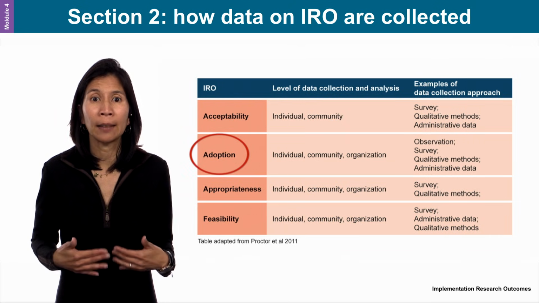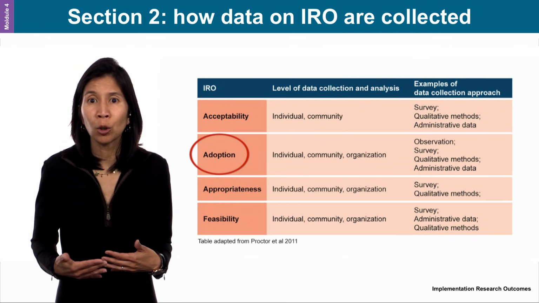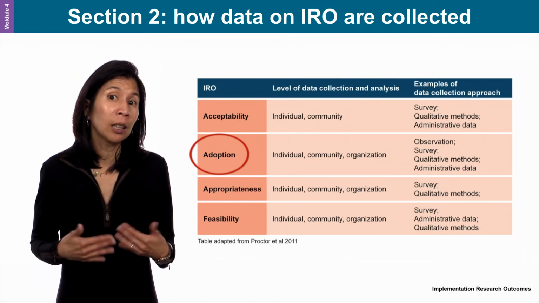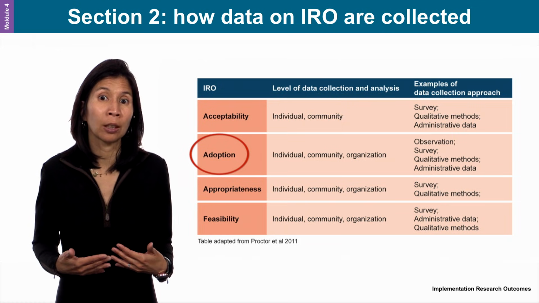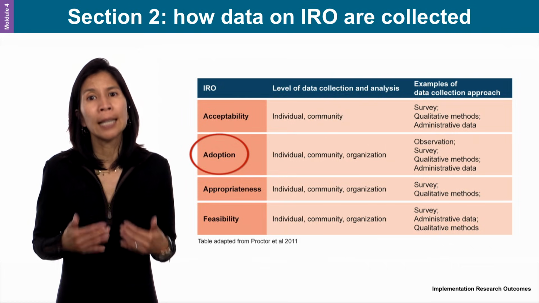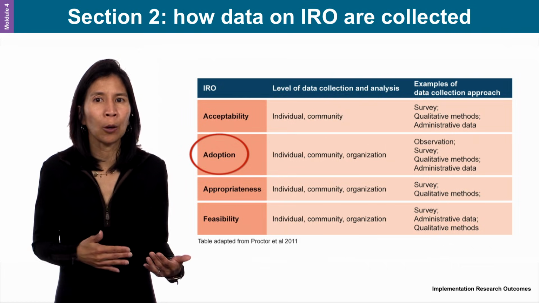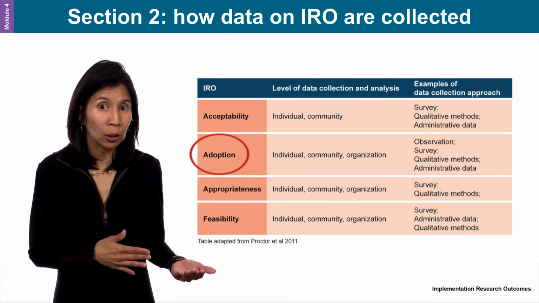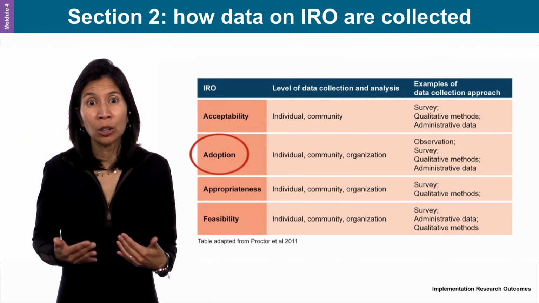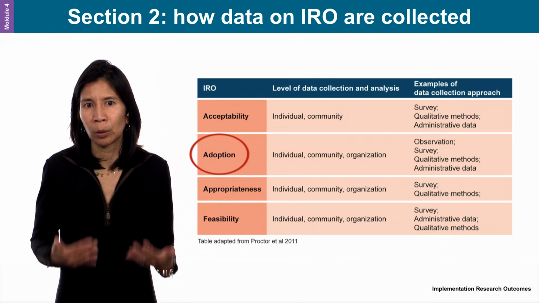Adoption can be measured at the individual, community, or organization level, since the intention to try a new intervention can be an individual, community, and/or organization level decision. For example, the decision to integrate mental health services at a primary healthcare system can be made at the organizational level by clinic leadership, but the decision to utilize these services may be made at an individual and/or community level.